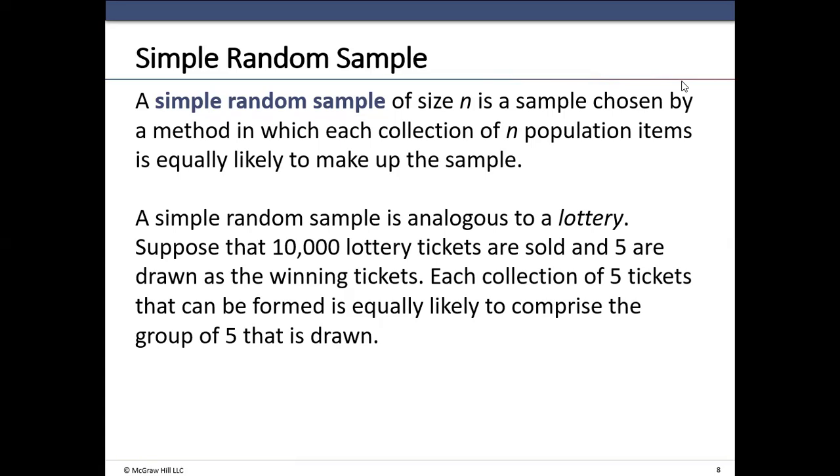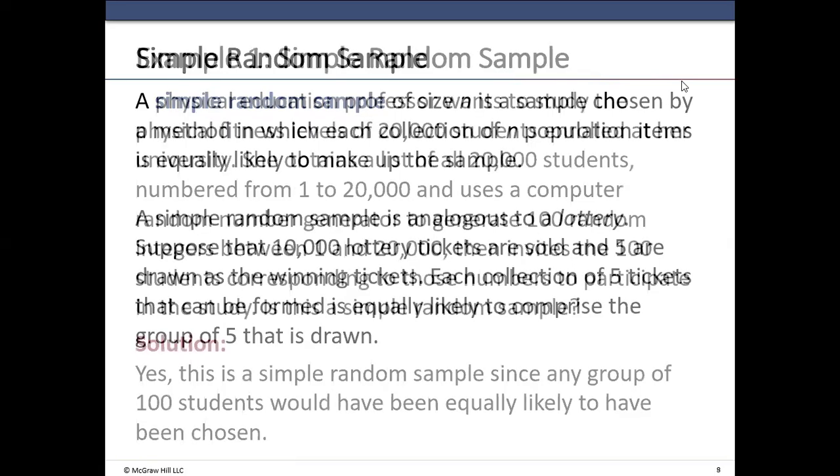What they mean is that there are many, many samples of size 5 that can be drawn from this population of 10,000 lottery tickets. And each collection of those 5 tickets, if they have an equal chance of getting selected, then they make up a simple random sample because every group of 5 tickets has an equal chance of getting selected.